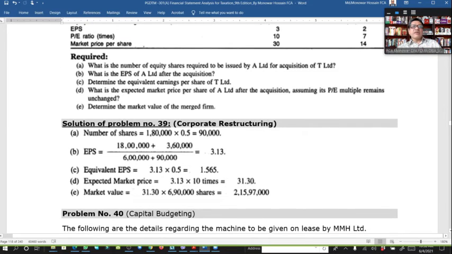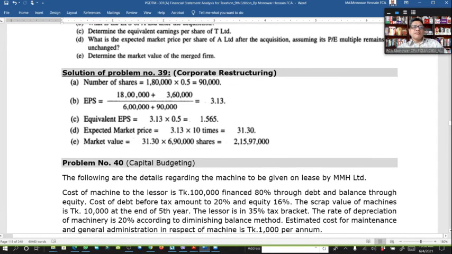And determine the market value of the merged firm. The total value of the firm would be the market value per share, 30.30 taka, multiplied by 6,90,000 shares. It comes to 2,15,97,000, the total market value of the company.